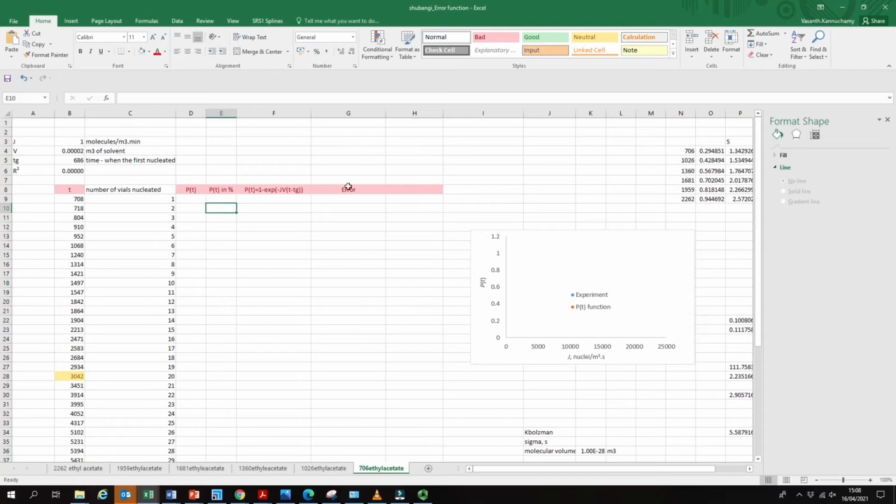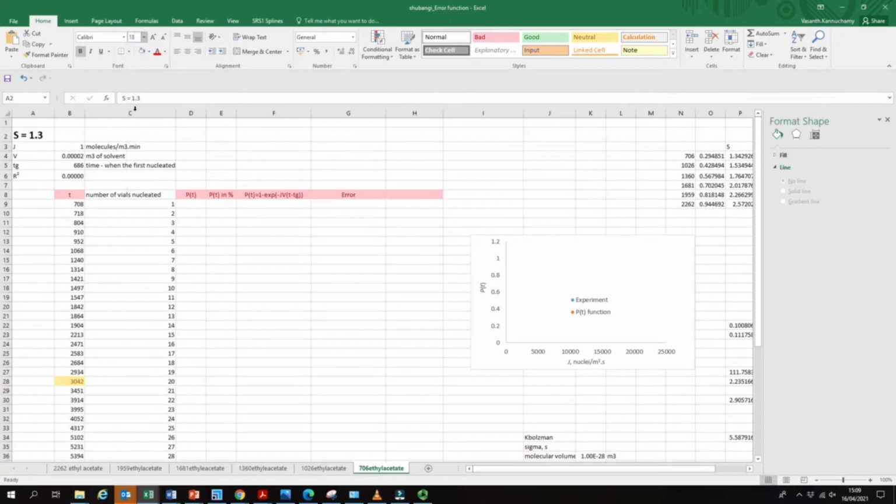So Shubhangi already sent me the data. This is an experiment which was performed at an initial supersaturation of 1.3. So that's the starting temperature.